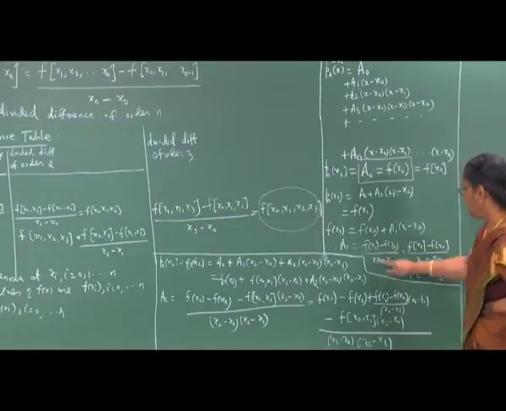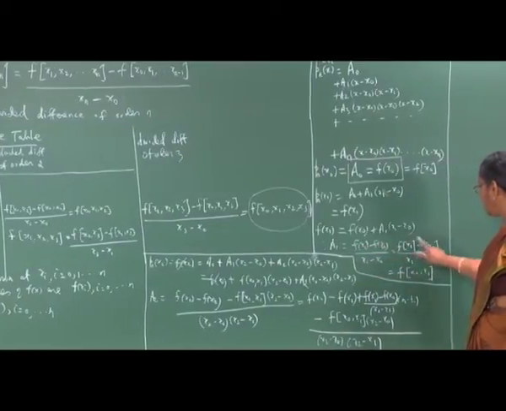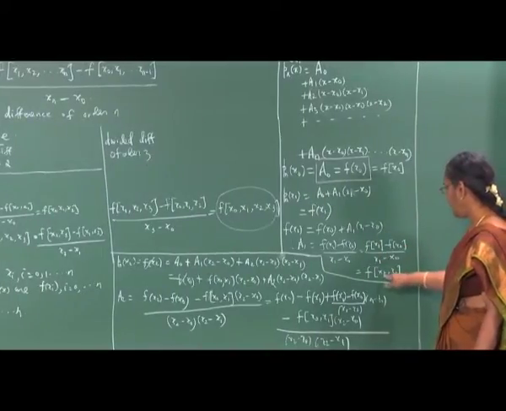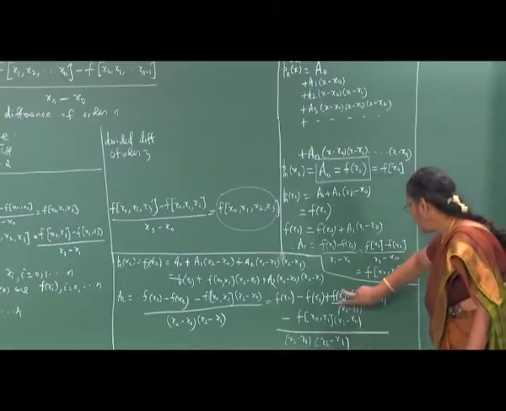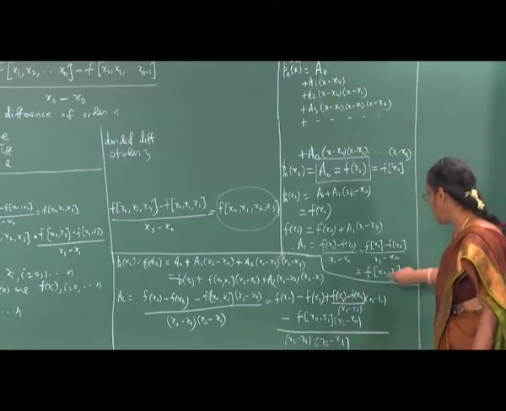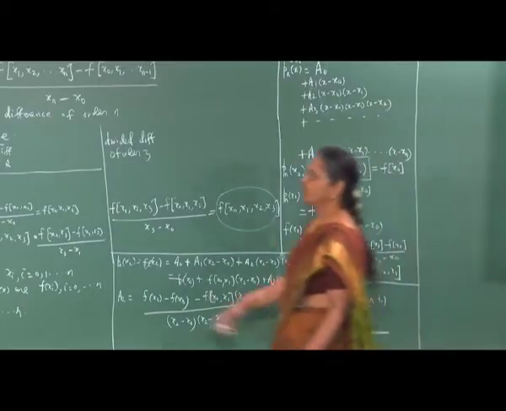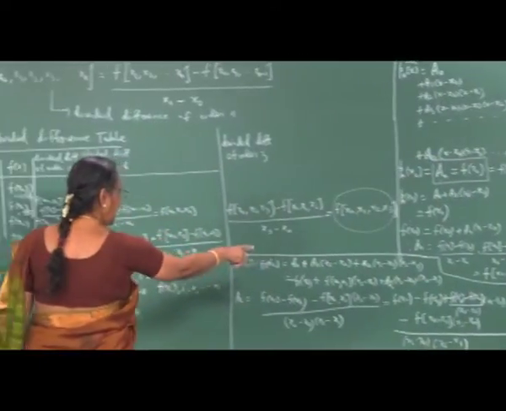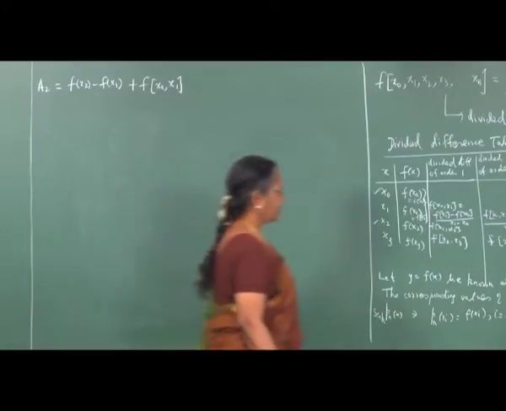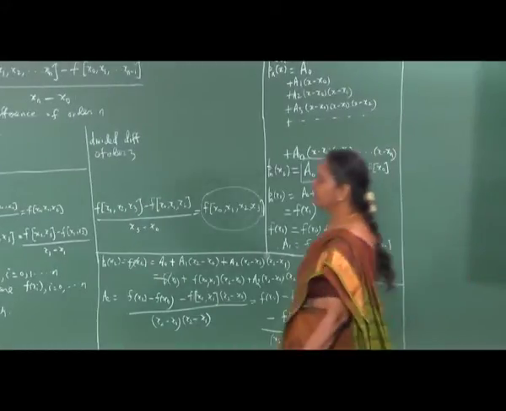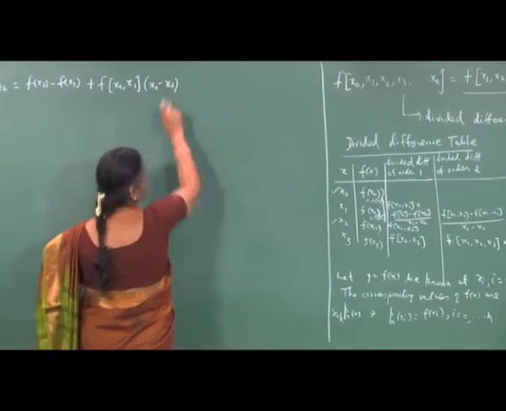Just see this, which can be expressed in terms of 0th order divided difference and yields the first order divided difference f of x naught x1. So, this term is the first order divided difference f of x naught x1. So, we write down that term as plus the first order difference f of x naught x1, but that is multiplied by x1 minus x naught.